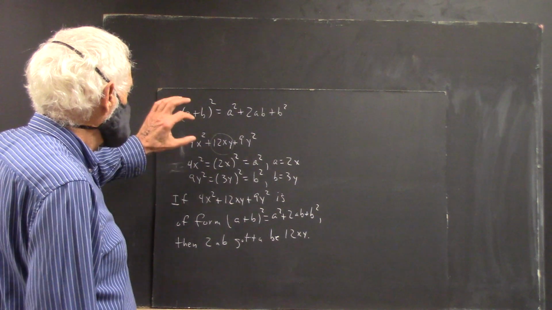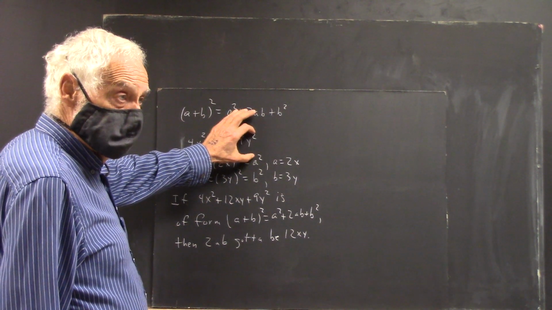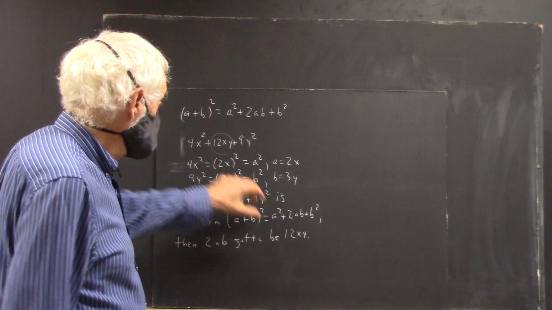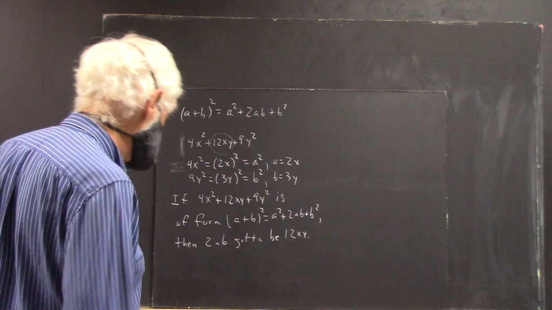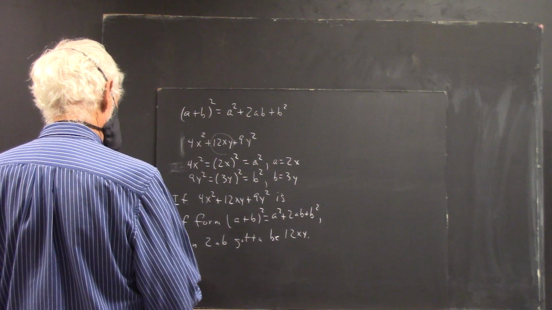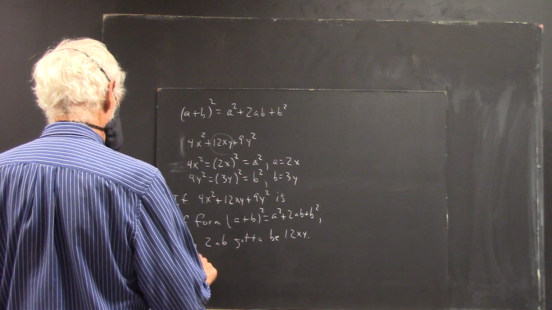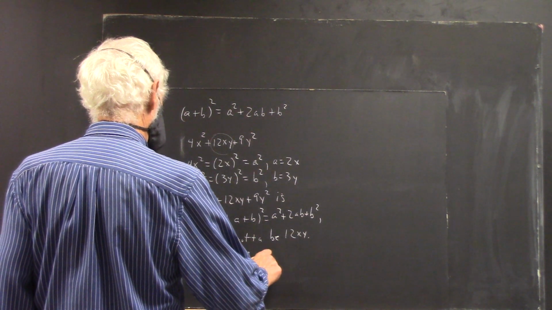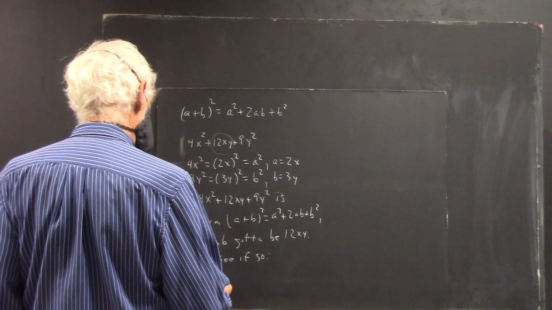Because of course up here you've got a squared and you've got b squared. Now this might not be 2ab, but it might, so it's worth checking. So we want to check to see if it's so.